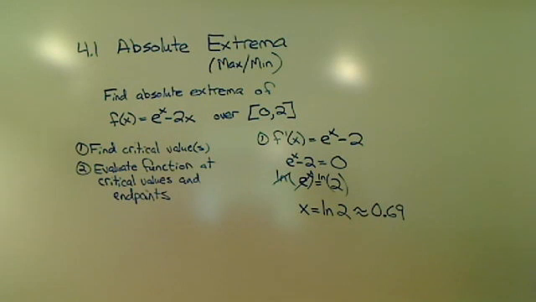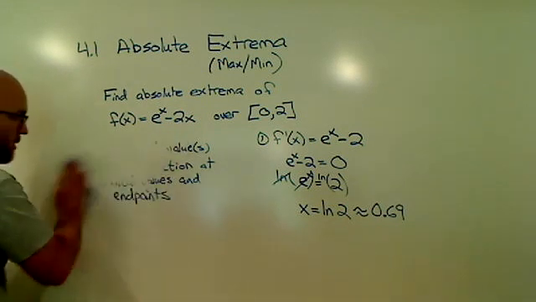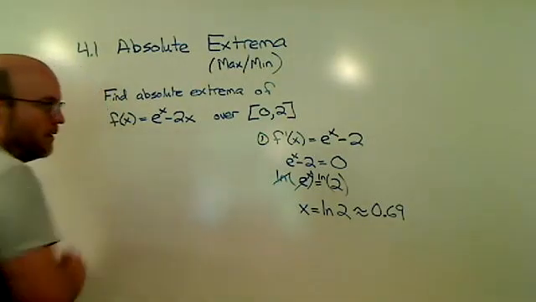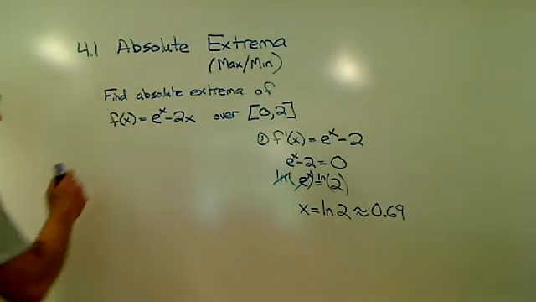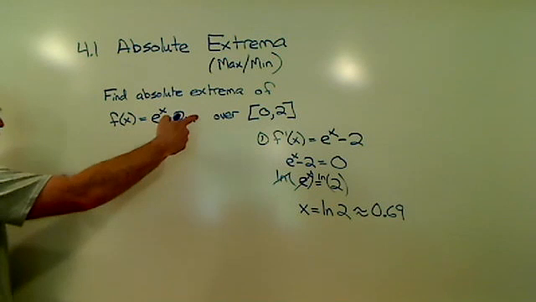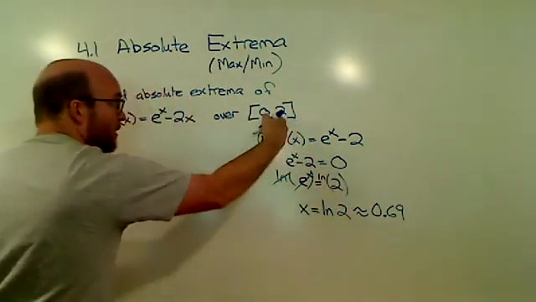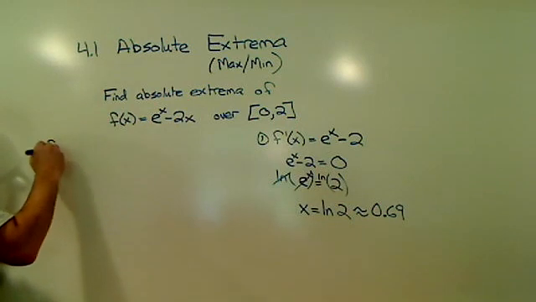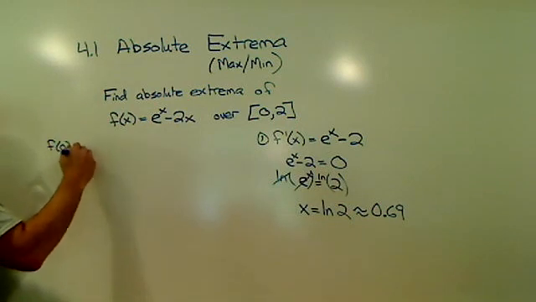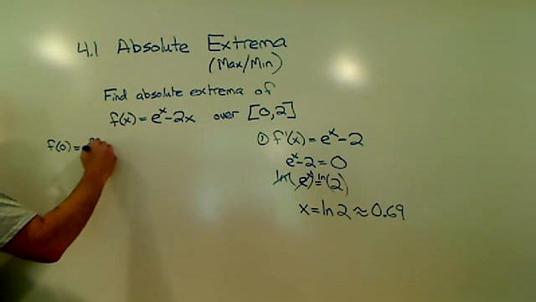Okay, so that was step 1. Step 2 is now just evaluating a function. So if we evaluate, let's take it in order from smallest to largest, so we'll go to 0, then to the natural log of 2, then to 2. If I evaluate f of 0, we'll go ahead and write this one out.